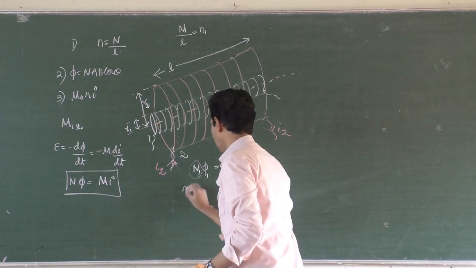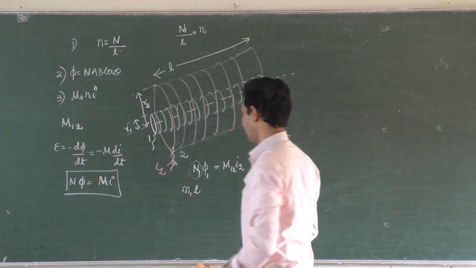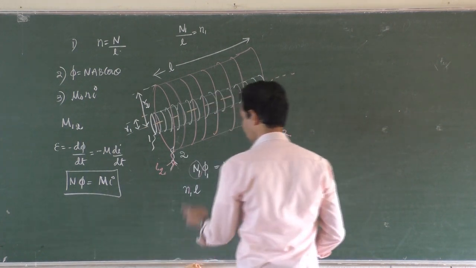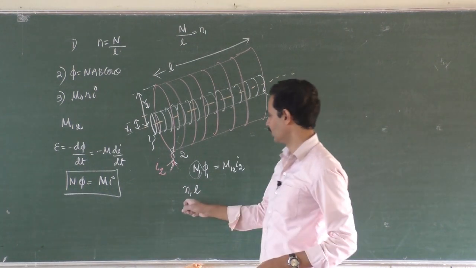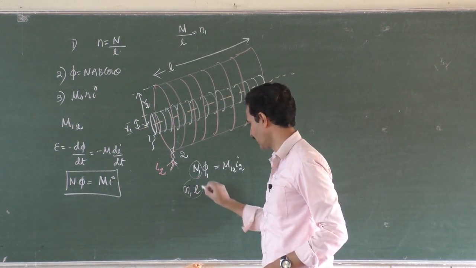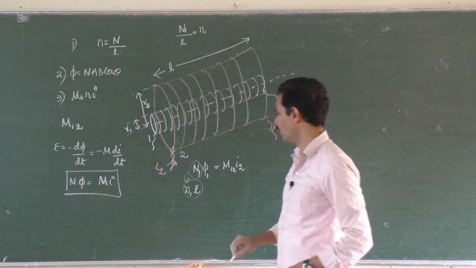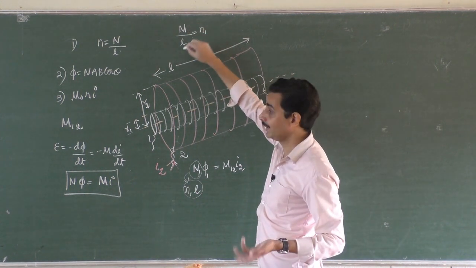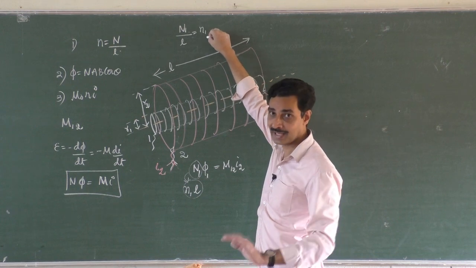That is small n1 into L. Am I right? Number of turns per unit length into the length gives the total number of turns. So this is what I have replaced here. Hope you have followed. Total number of turns in the inside coil divided by its length gives the number of turns per unit length in that coil.